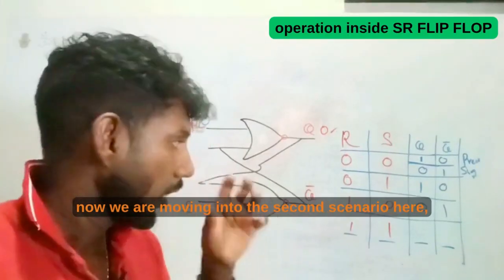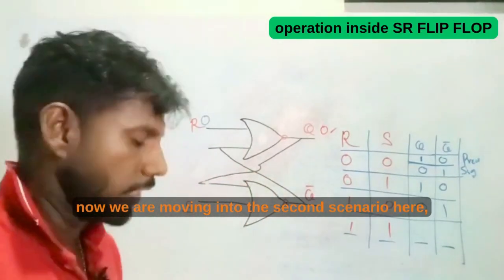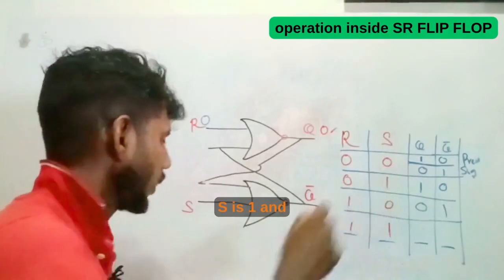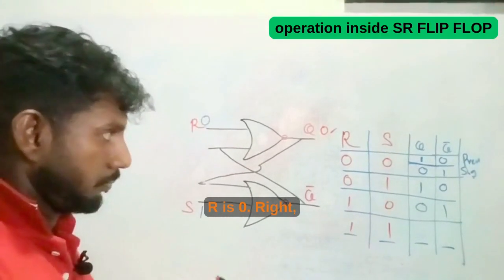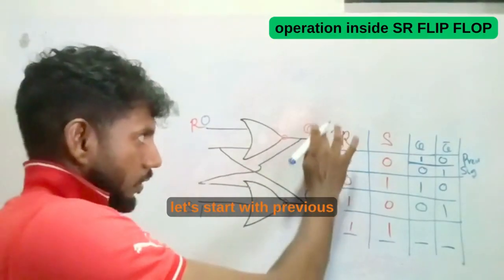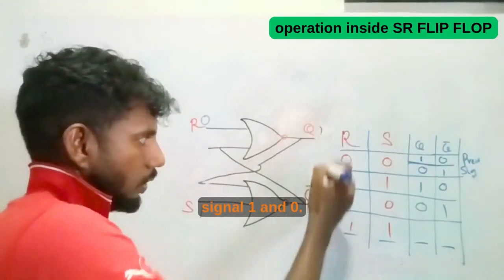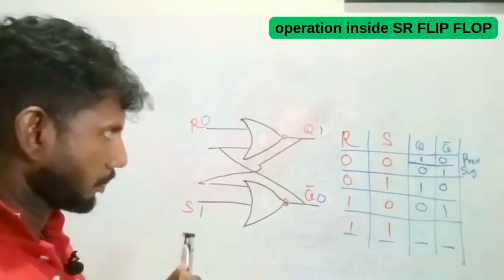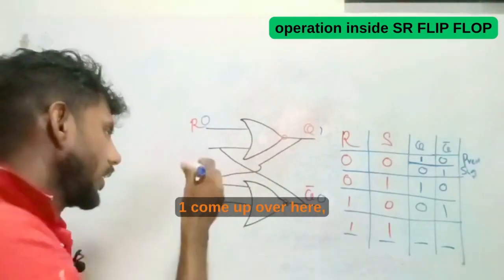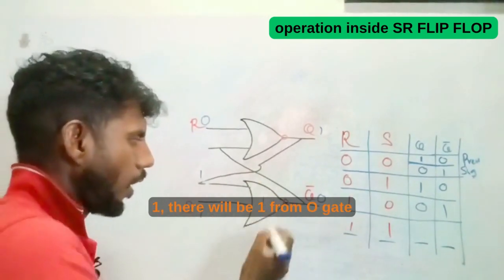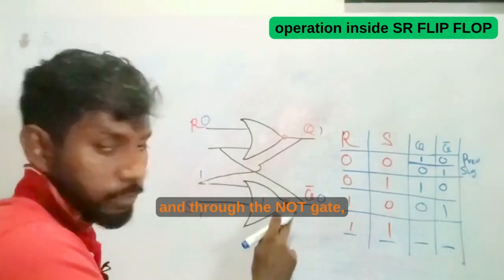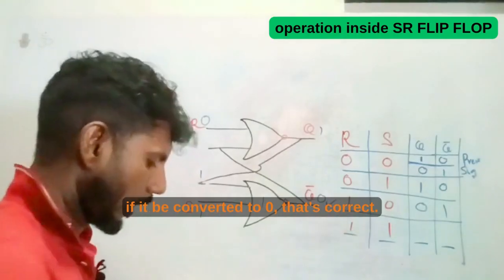Right, students. Now we are moving into the second scenario, where S is 1 and R is 0. Let's start with the previous signal 1 and 0. 1 comes up over here, just like the previous method we did. 1, 1 will be 1 from the OR gate, and through the NOT gate it will be converted to 0, that's correct.